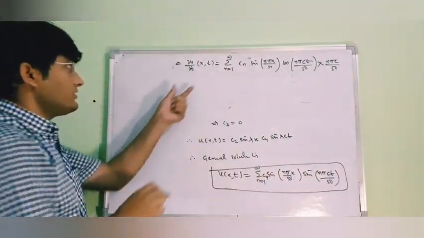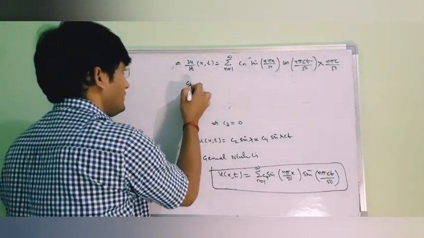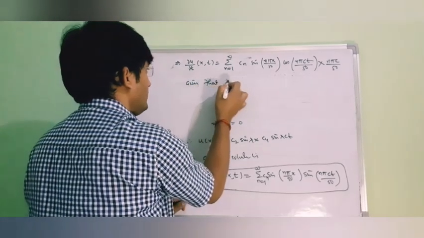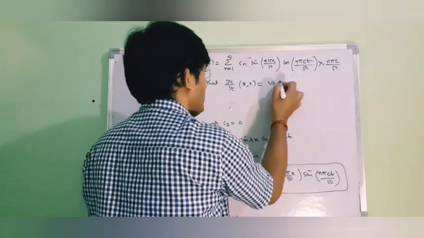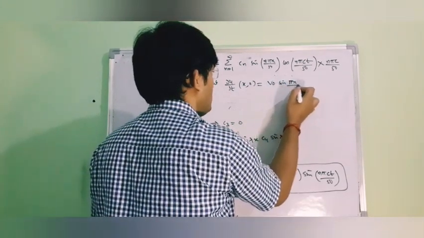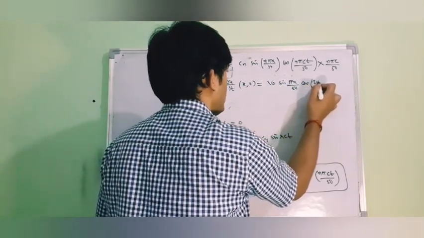Now given that this initial velocity is given, that del u upon del t when your time is 0 is equal to v naught sin pi x upon 50 into cos 2 pi x upon 50.